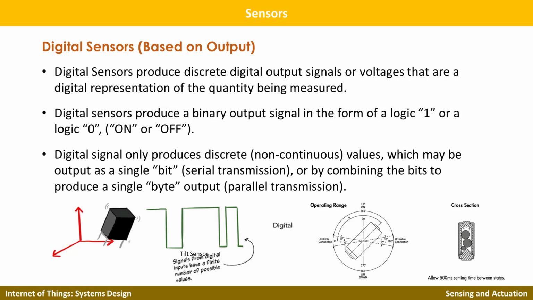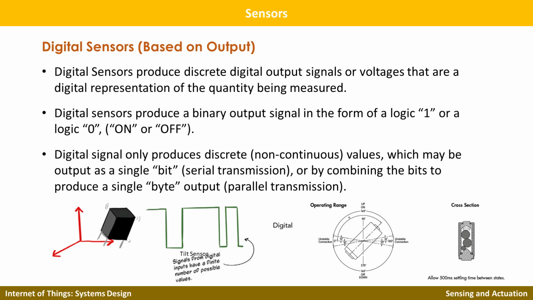So digital sensors produce binary output signals such as 1 or 0, representing on or off. Digital signals only produce discrete or non-continuous values, which may be output as a single bit. These digital sensors might also produce a byte if they are combined into parallel transmission.